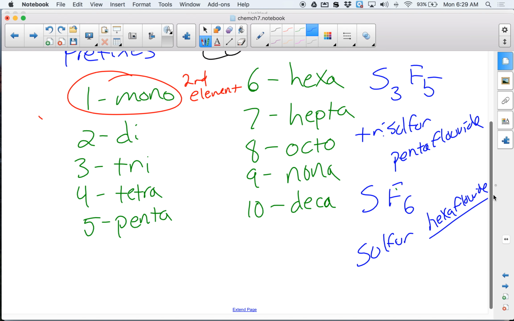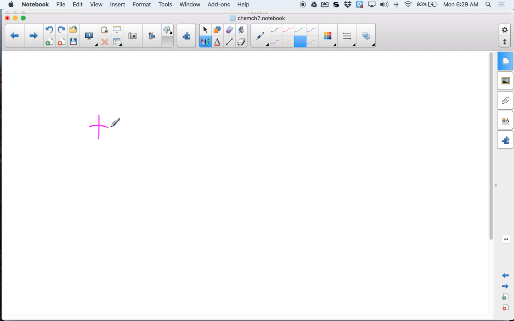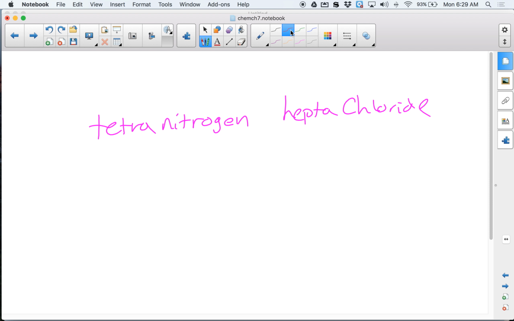Now the beauty here is, you have to know your prefixes and think about those rules, changing them to IDE if you're going from the formula to the name. But going from the name to the formula is pretty simple. So if we have something like tetranitrogen heptachloride, if you know your prefixes, there isn't any looking charges up or crossing anything down.